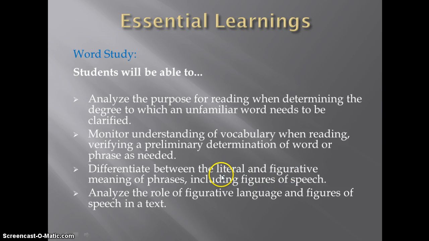Sometimes we don't mean exactly what the words say, but there's another meaning being created, and analyzing the role of that figurative language and how that works in a text. So these are basically our 3 focuses: the literature study, word study, and comprehension reading study. And that is the reason that we are working with this play in this particular unit.